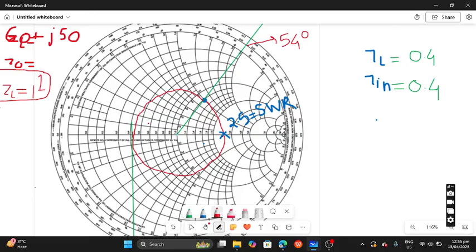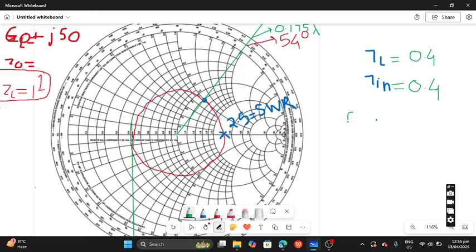Now what you will do, you are given a length here. You have to find out that this value is 0.175 lambda.